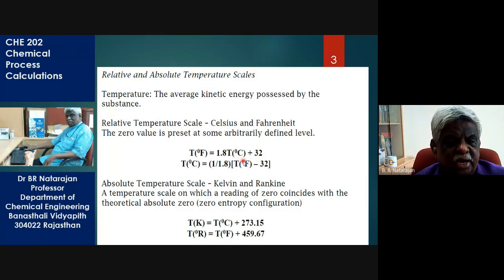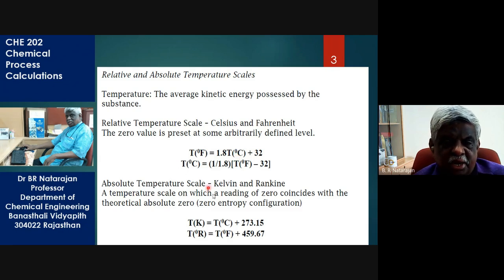Sometimes this 1.8 is also written as 9 by 5. So don't think 9 by 5 is a different formula from 1.8. 9 by 5 gives you 1.8.